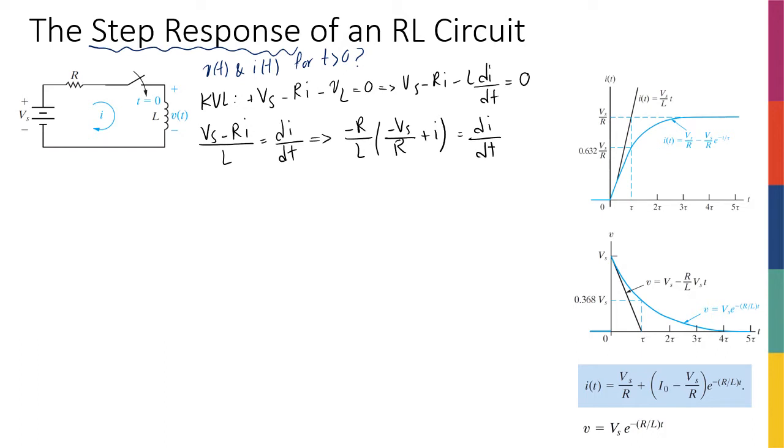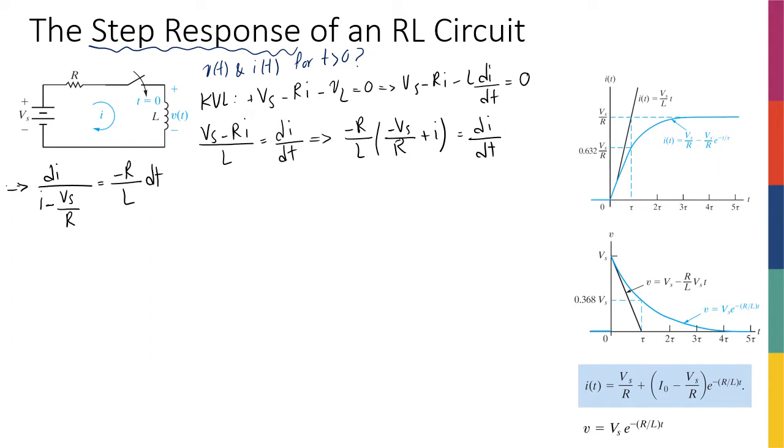Okay, now I'm going to keep dt and multiply it to the left side, and then bring whatever is inside the bracket to the bottom of the di. So I'm going to have di over i minus Vs divided by R equal to negative R over L times dt.